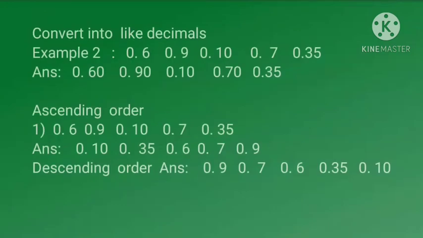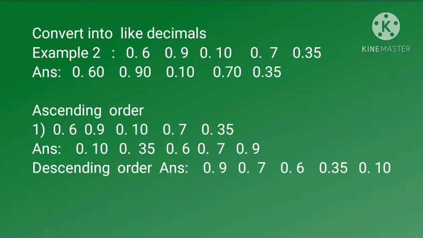Let's see another example. 0.6, 0.9, 0.10, 0.7, 0.35. How will we convert into like decimals? First, as the maximum number of decimal places in the given numbers is 2, we convert the others into decimals with 2 decimal places.